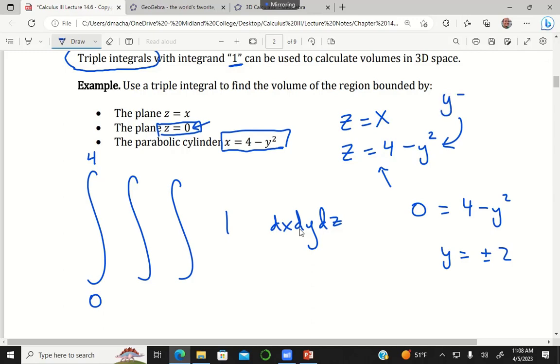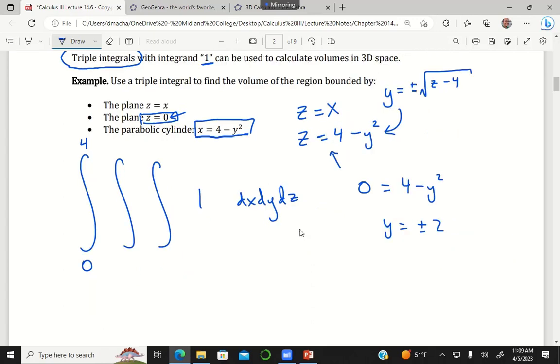And actually this would give me y equals plus or minus square root of z minus 4. Did I do that right? Subtract the 4. No, it should be 4 minus z. Oops.